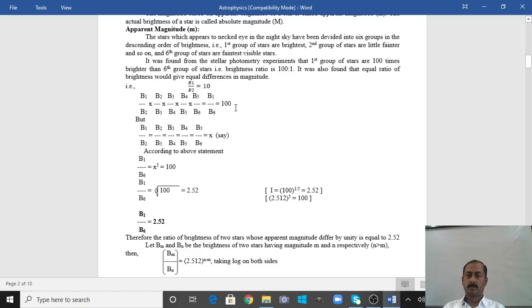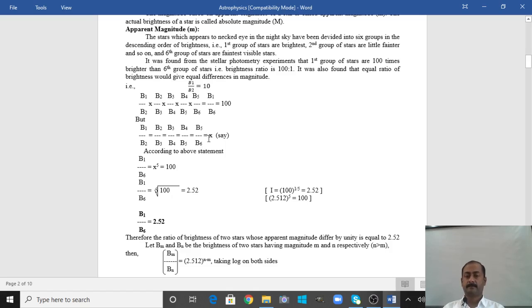This is equal to the ratio 100:1. But B1 by B2 equals B2 by B3 equals B3 by B4 equals B4 by B5 equals B5 by B6, which is, let's suppose, X.